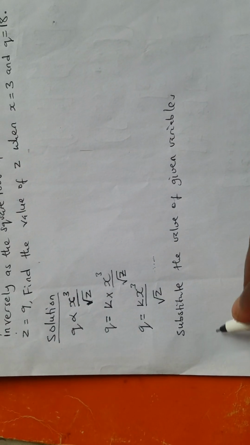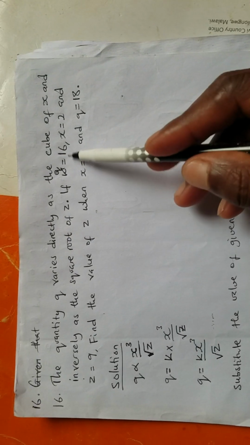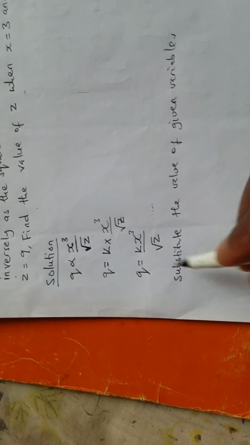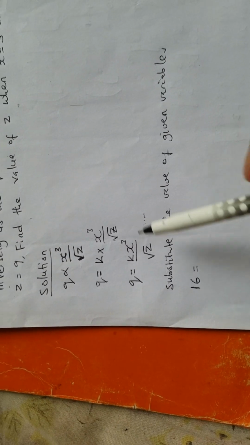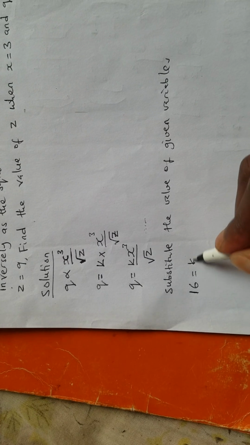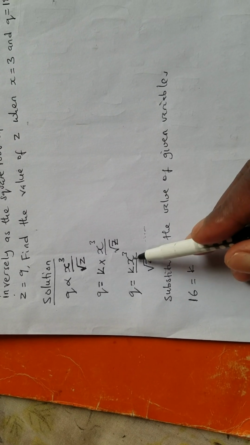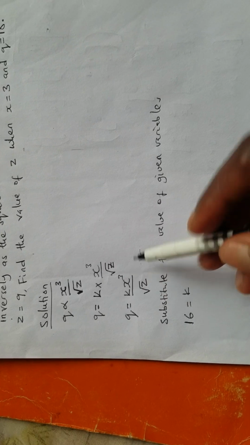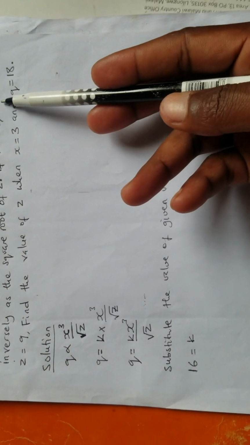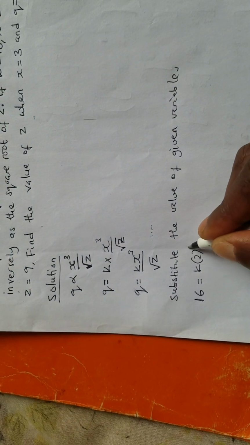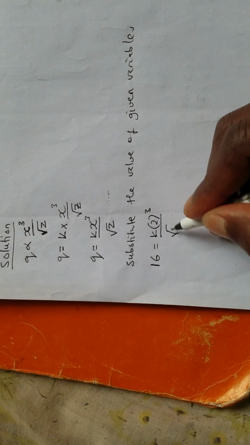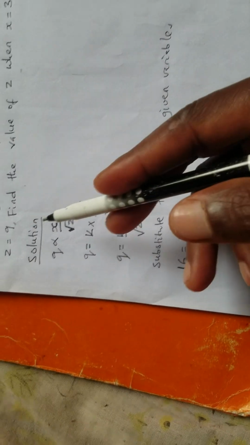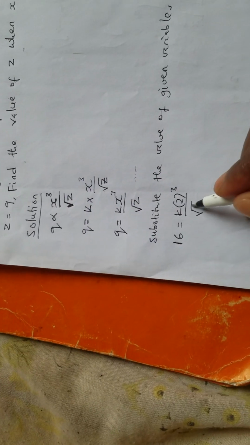So where there is a q, we remove it and put 16 is equal to, we have a constant, and we have cube of x. Our x here is 2, and that 2 is to the power 3. And the square root of z, our z is 9.